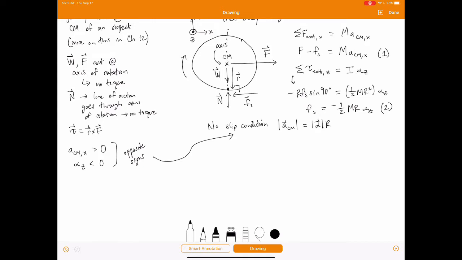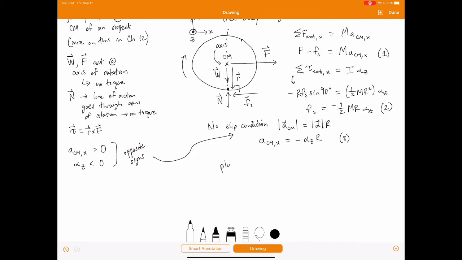And so when we plug those into the no-slip condition, we have ACM x equals minus alpha z times r. So those two just have opposite signs. All right then. Let's call this equation number 3.